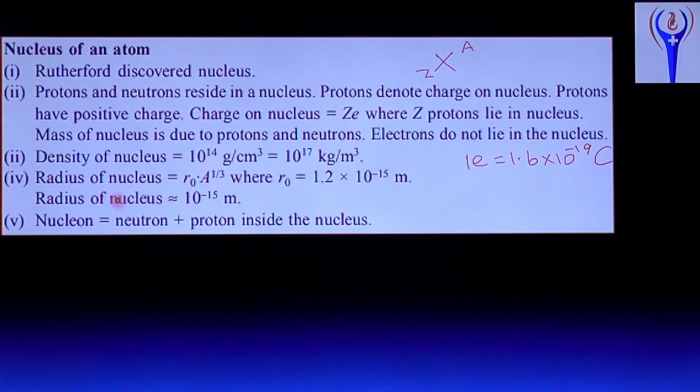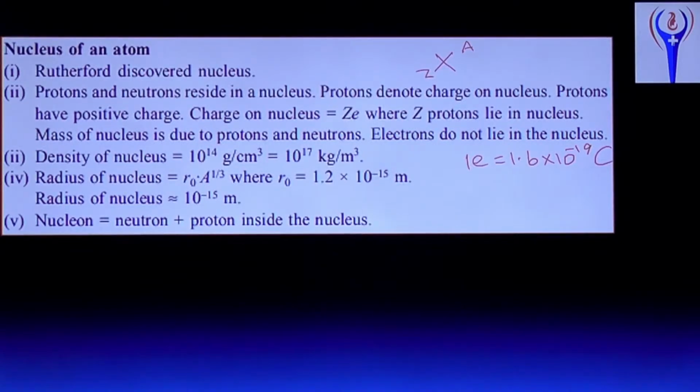The radius of the nucleus is equal to R naught into A power 1 by 3. Here R naught is a constant, its value is 1.2 into 10 power minus 15 meter, and 10 power minus 15 meter has a separate name.